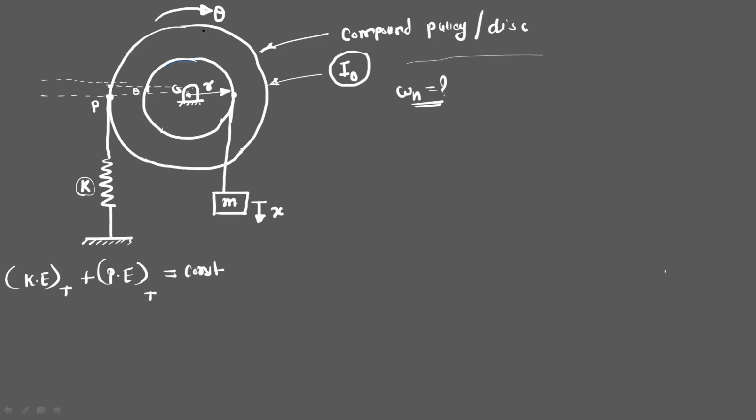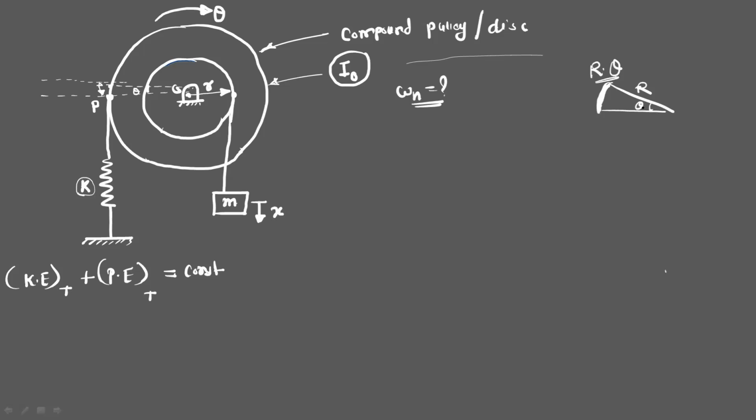That is the rotation for this disk. This will be the deformation of this spring. This deformation we can find by using the length of a sector. You can use this formula: this is theta, and this is a capital R. So this length we can find as R into theta.